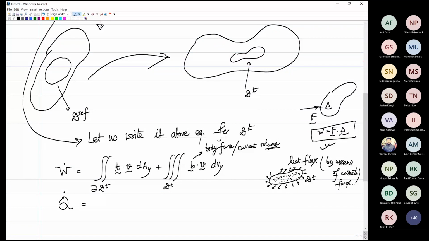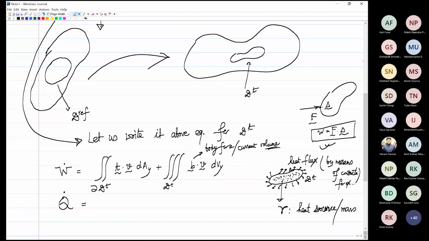Okay, so let's denote the heat source per unit volume, or we'll say per unit mass, because that's what the textbook says. So it becomes small r. r is the heat source, and that's per unit mass.